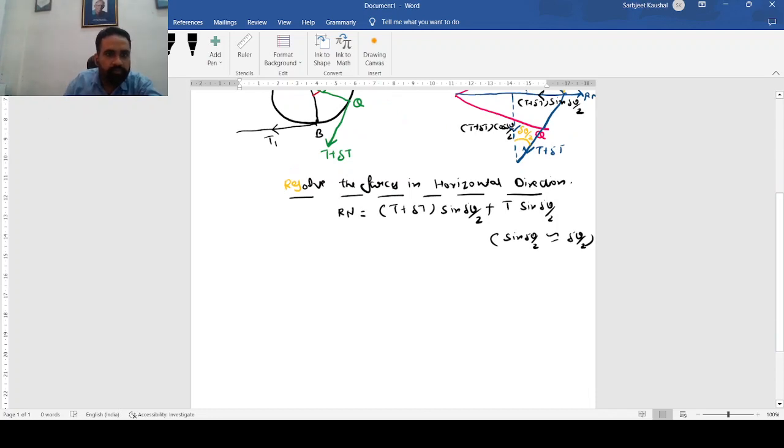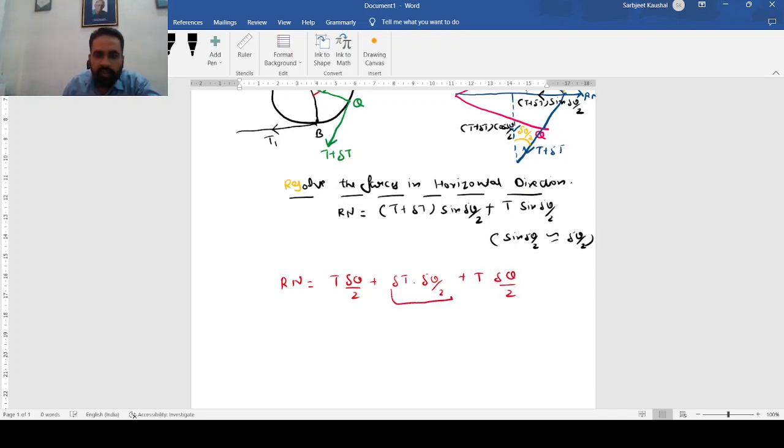Further, Rn is equal to, when we open the equation, T sine delta theta by 2 means T delta theta by 2, plus delta T into delta theta by 2, plus T delta theta by 2.